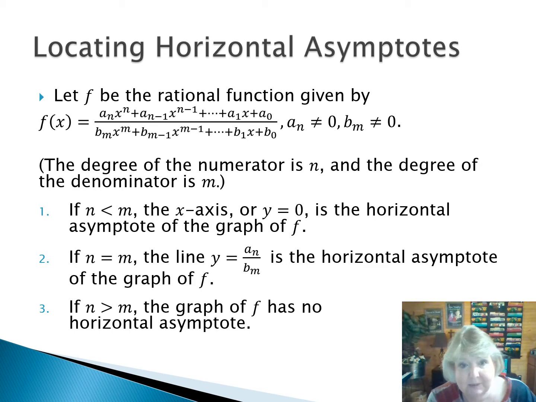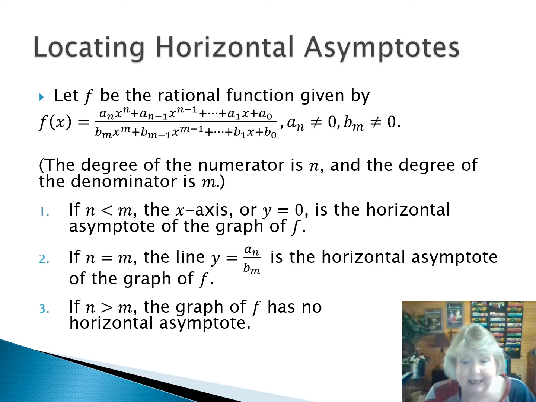Instead of listing them as p of x and q of x, we've listed them here as polynomials, where the numerator is a degree n polynomial with coefficients labeled a, and the denominator is a degree m polynomial with coefficients labeled b. Notice that m and n are the degrees of my polynomials.